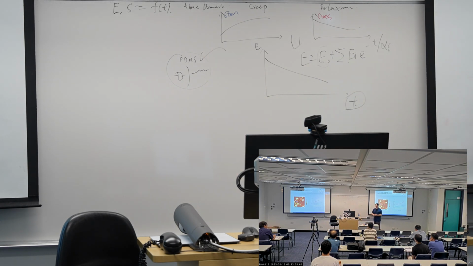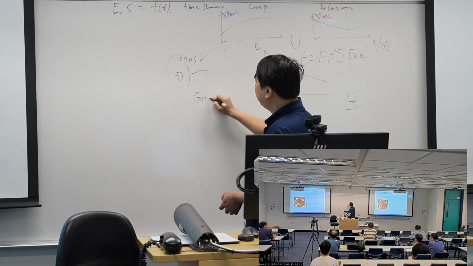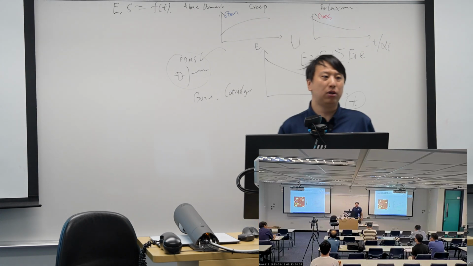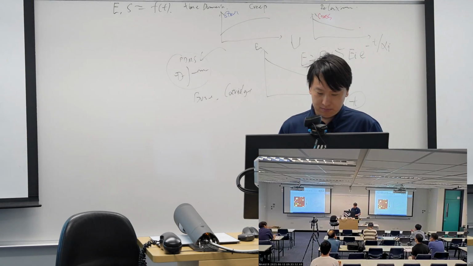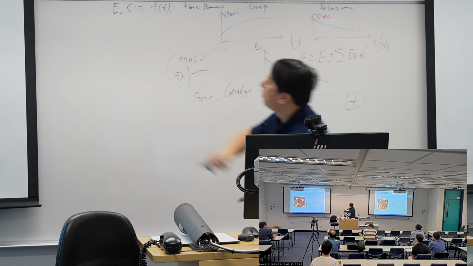But if we are doing really hard materials, like the bones, like the cartilage, that's a different story. It will wait for a long time. So people developed a so-called frequency domain.